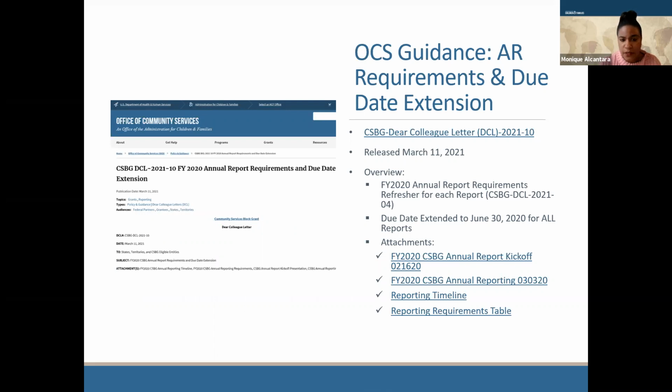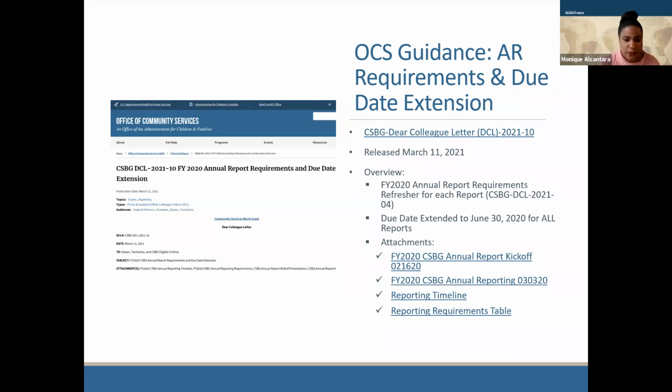I do want to remind everyone of a recent Dear Colleague that OCS released on March 11th, DCL 2021-10. It is about the fiscal year 2020 reporting requirements for each report. This is a refresher of the CSBG DCL 2021-04, which was released in February. We also extended the due date for everyone to June 30th, 2021, not 2020, for all reports.